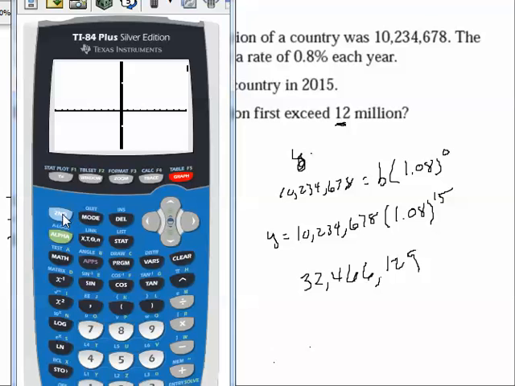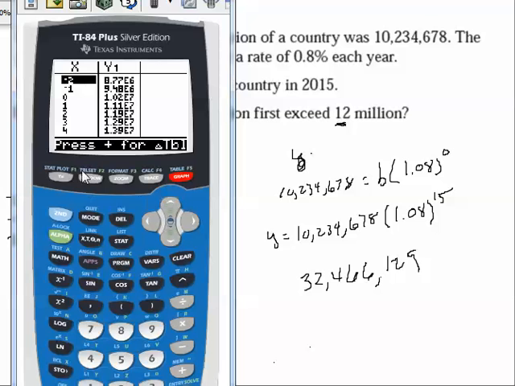You won't see anything on the graph. Press second graph. Yeah, you won't see anything on it because it's just so out of bounds. It's ridiculous. So second graph. And you see here at 0, we're at that 10, 200 and some odd number. That's about what we're looking at, right? And if you go down the graph here to 15, you would see that we were at 32,500 something.